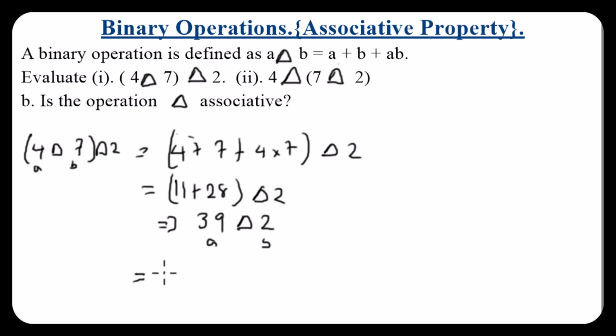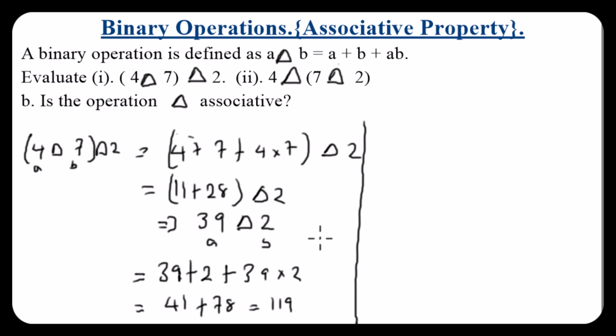So this becomes 39 plus 2 plus 39 times 2. 39 plus 2 is 41, and 39 times 2 is 78. So 78 plus 41 gives us 119. This is our answer for the first question, 119.